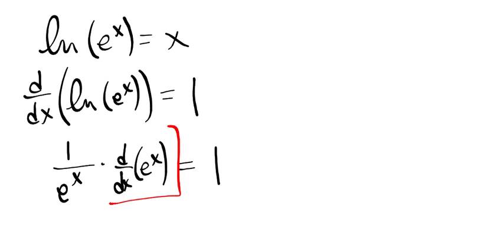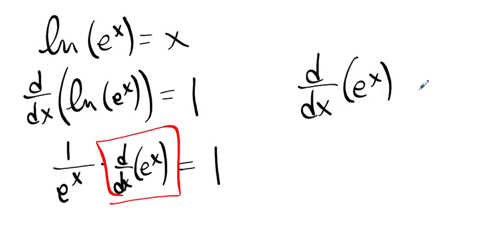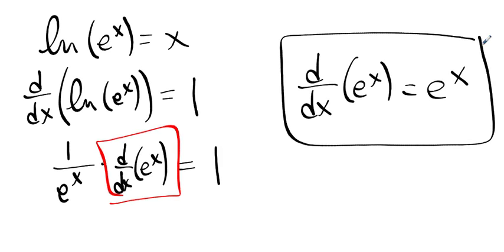So if I wanted to know what the derivative of e to the x is, I could just cross multiply. The derivative of e to the x is e to the x. That's a big deal. That's a big deal. The exponential function is the non-trivial function whose derivative is itself.